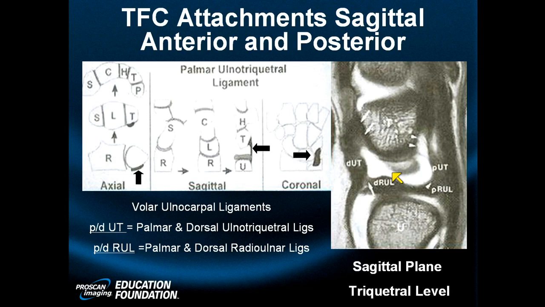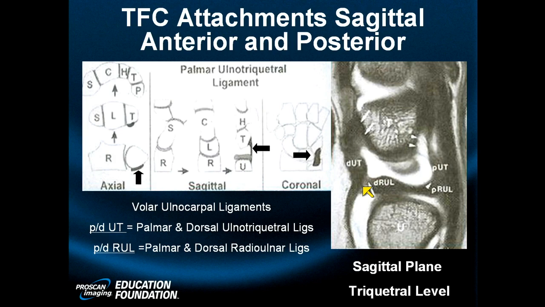Here's a simple sagittal drawing, modified and adopted from the esteemed musculoskeletal radiologist Phoebe Kaplan. Very nice, simple arthrographic view and diagrams. But my only intention here is to show you the anchors in the front and in the back.